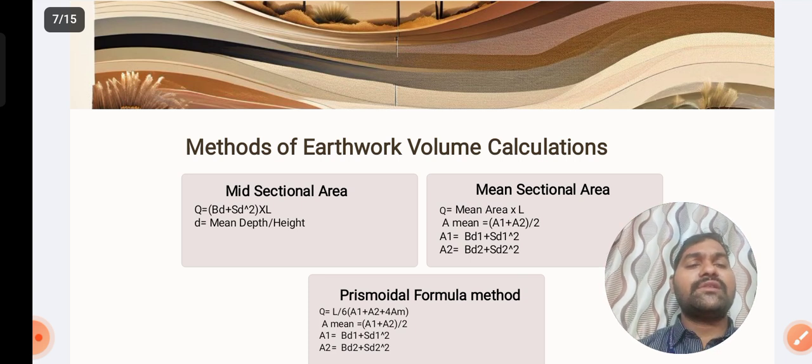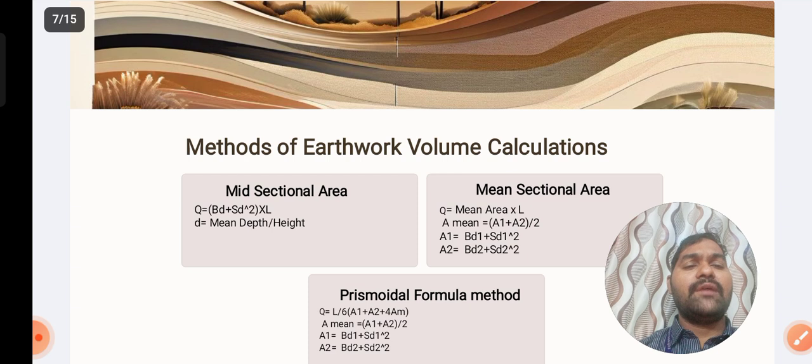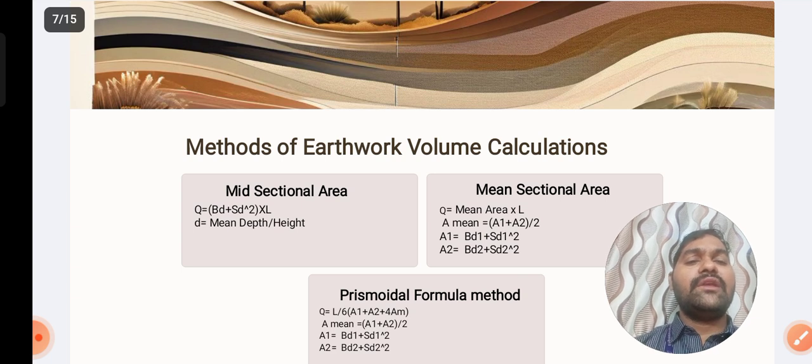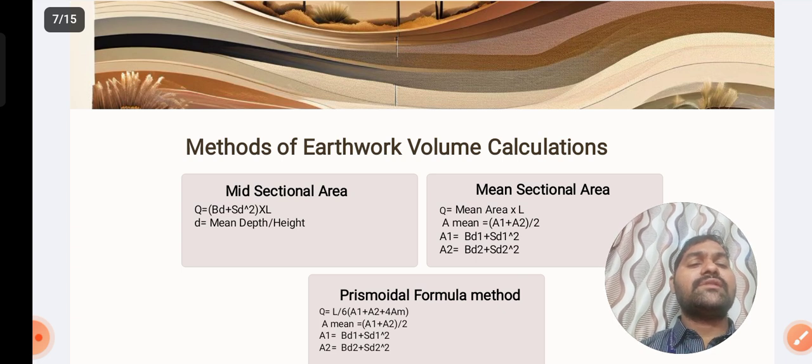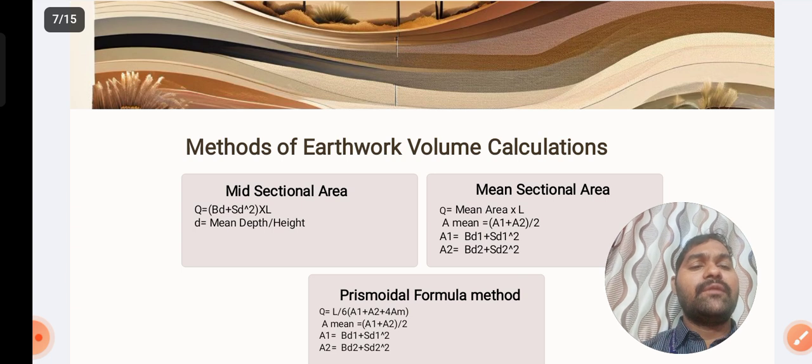If you see the second one, the mean sectional area method: Q, that means quantity, is equal to mean area into L. Previously we only did the mean depth calculation, but here we first calculate the areas: A1 = B·D1 + S·D1², A2 = B·D2 + S·D2². Then the mean area is (A1 + A2)/2, and the mean area is multiplied by the length.